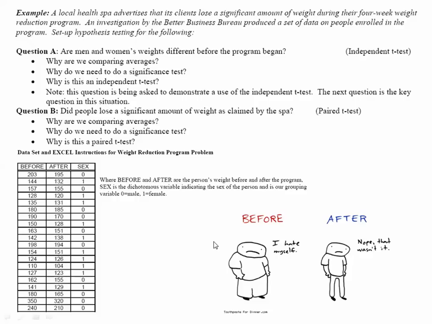We're comparing averages. Okay. Now, why do we need a significance test? Well, the reason is because there's a lot of degrees of variation in the men's and women's weights. So, for example, the zeros here represent men. So we've got a 203-pound man here, 157-pound man here, and so on and so forth.